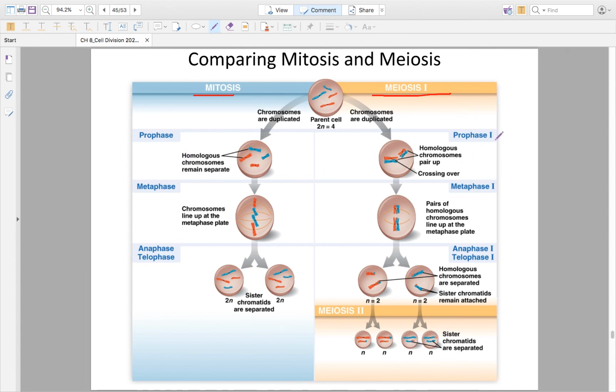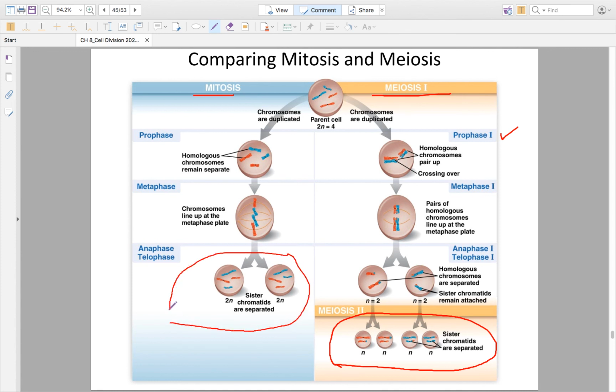The primary differences are the synapsis and crossing over in prophase 1, the fact that there are 2 divisions inside of meiosis, and we end up with 4 genetically unique haploid daughter cells in meiosis, and at the end of mitosis we end up with 2 genetically identical diploid daughter cells.